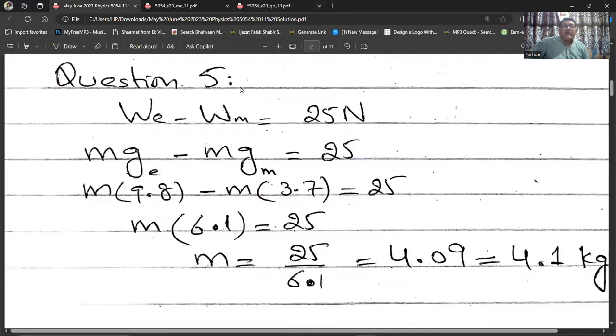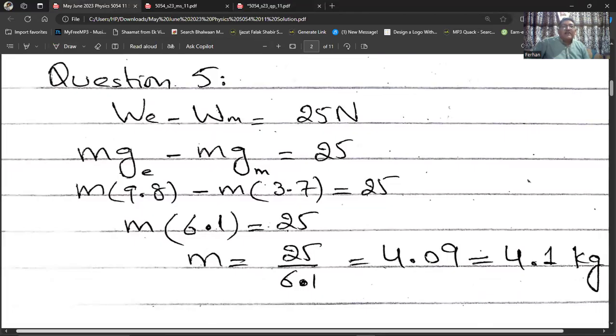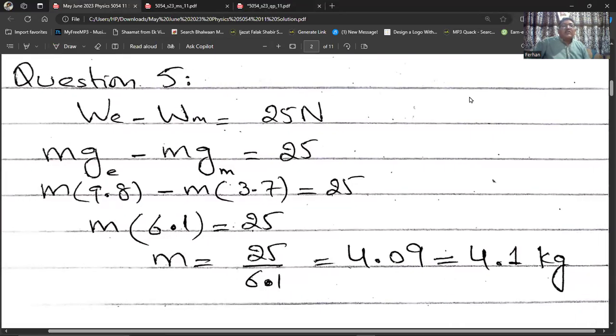So here we have the weight on the Earth minus the weight on the Mars is 25 Newton. So mg minus mg, the g on the Earth and the g on the Mars. So just put those values there. So m into 9.8 minus m into 3.7 equals 25.